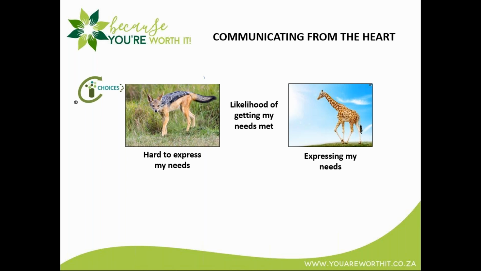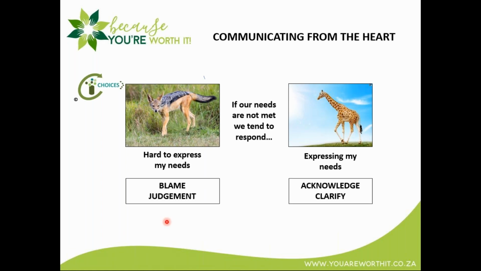So I also want to take you to the next layer now. When we look at the likelihood of our getting our needs met and how we'll respond, if you look at the statement in the middle, if our needs are not met, we tend to respond in two ways. We can respond like a jackal, where we will tend to use these words which I've highlighted here in the block. We'll blame ourselves, or we'll judge ourselves, or we'll blame or judge others.